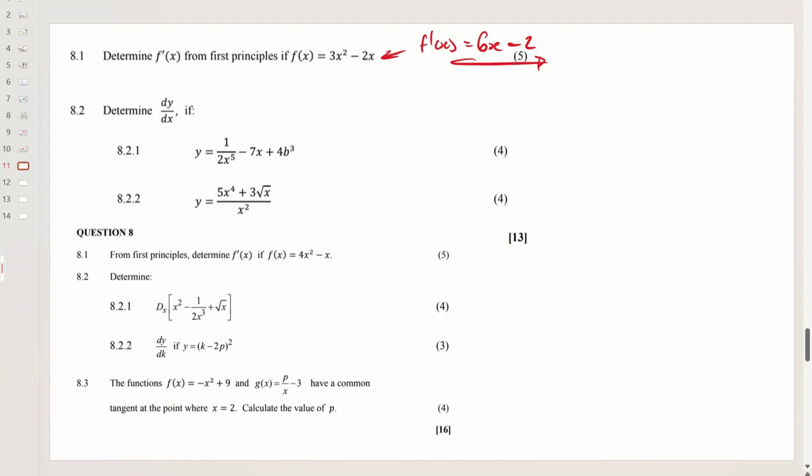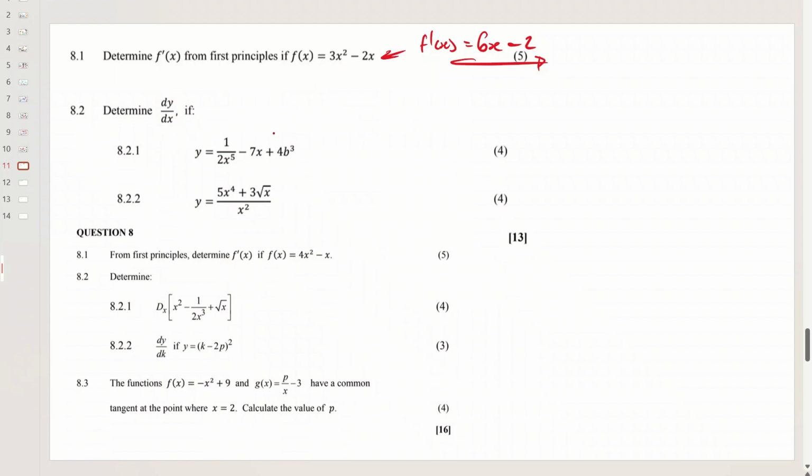I will only take the derivative from first principle if the function that we're given seems to be challenging. Understand? Okay. So now we are taking the derivative of y with respect to x.